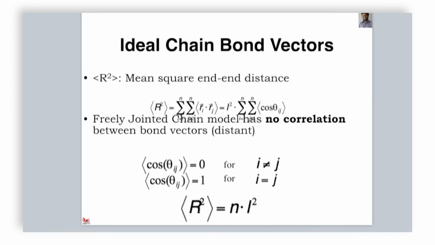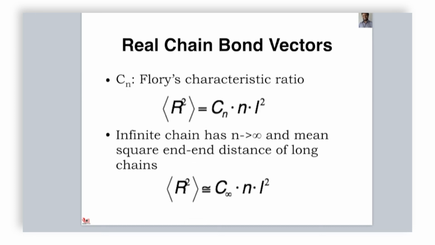And then the ideal bond vector relations give us back, for a freely jointed chain which has no correlation between distant bond vectors, R square equals n L square, which is recovering our random walk of freely jointed chain statistics. But for so-called real chain bond vectors, there is a scaling factor of Cn, which is Flory's characteristic ratio.